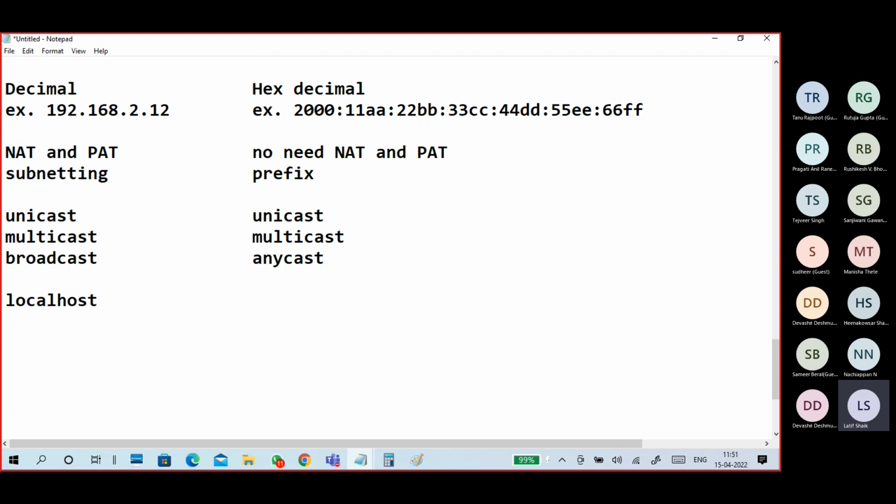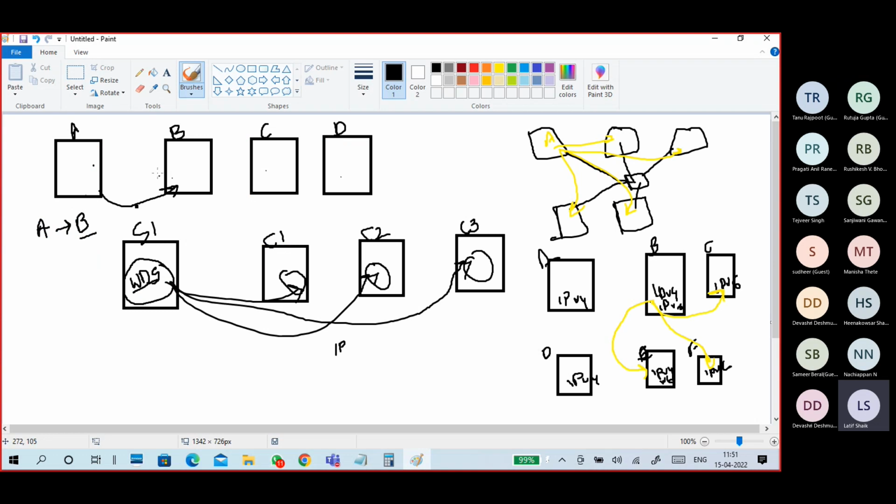Localhost address is 127.0.0.1. Here it's a colon 1 only. Localhost or loopback address. So what is a localhost? Again, guys, if you take this example, the first PC has some IP address, for example .10, .11, .15, .20.